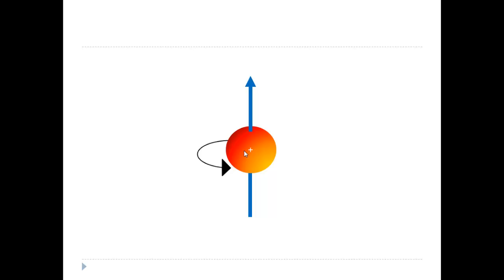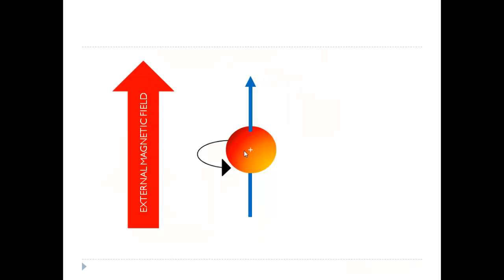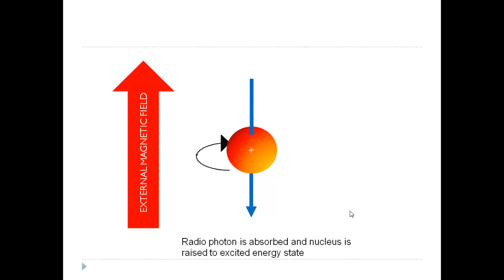Okay, so the process is going to go something like this. We put the hydrogen nucleus into a really strong magnetic field, and then to bump the nucleus up to its higher energy state, we fire a photon of just the right frequency at it, and that frequency happens to be in the radio region of the electromagnetic spectrum.